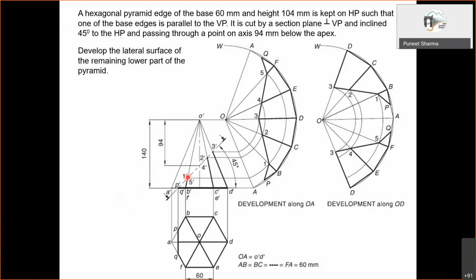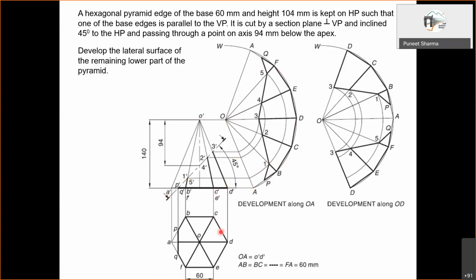So 1 dash and 5 dash, you have to come up to this and then mark it on the relevant edges. Let me repeat. First of all, take the true length of the slant edge. Begin from one of the edges. We assume this has been cut, and then the lateral surface is opened up, right? So here, first of all, a circular arc is drawn.